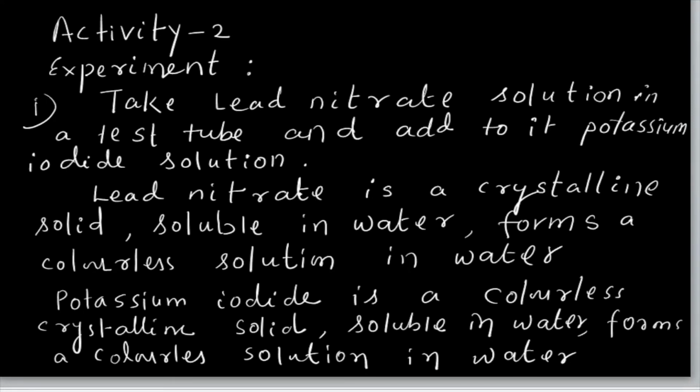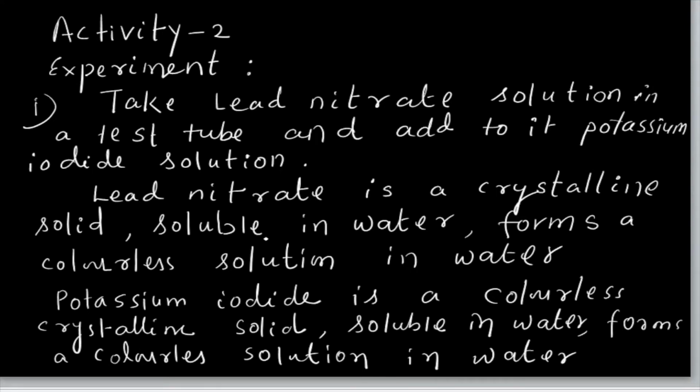Take lead nitrate crystalline solid, then add water in a test tube, and that is the solution. And add to it potassium iodide solution. What is potassium iodide? Potassium iodide is also a crystalline solid. Add water in another test tube, and the potassium iodide solution is prepared, which is colorless. Lead nitrate solution is colorless. Both are colorless solutions. Now see, magic.